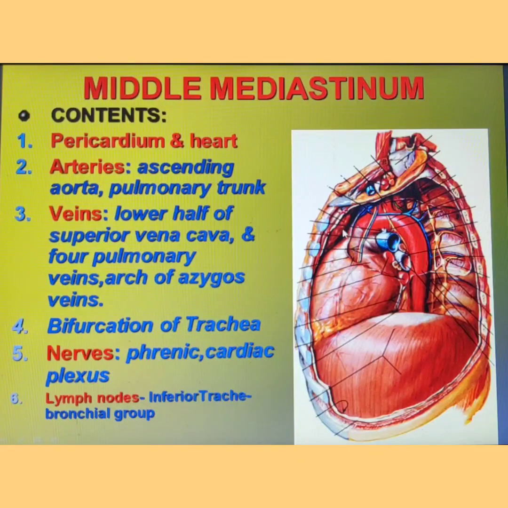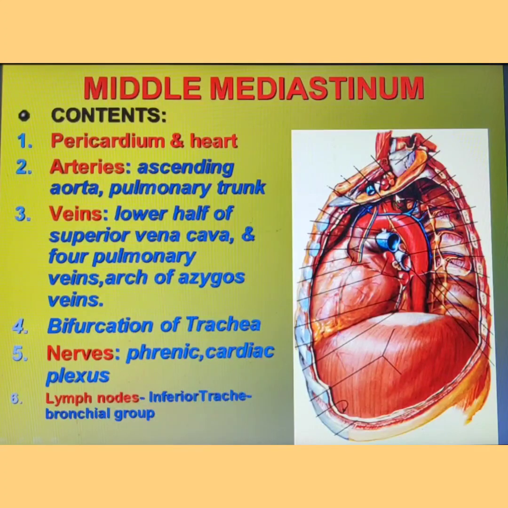Then veins: the lower half of the superior vena cava, which is draining into the right atrium, and 4 pulmonary veins, as you can see in this diagram. We can make out 2 here, but 4 pulmonary veins drain into the left atrium of the heart, and also the azygos vein. These are the veins which are present in the middle mediastinum.